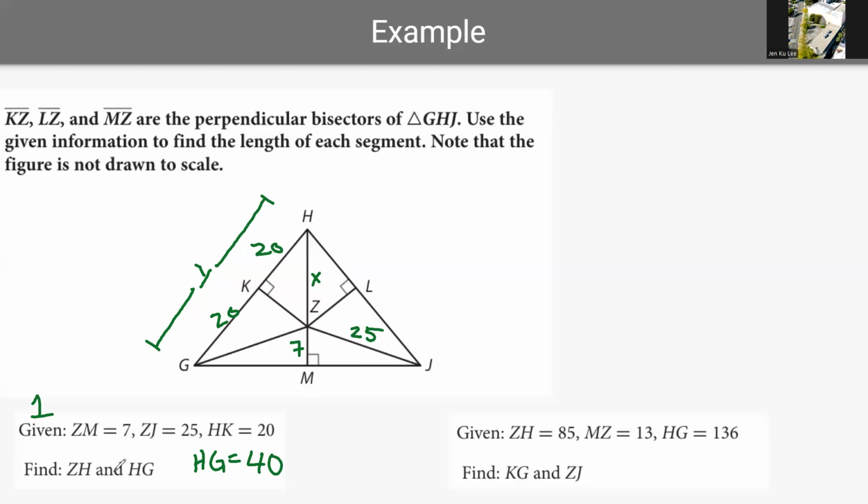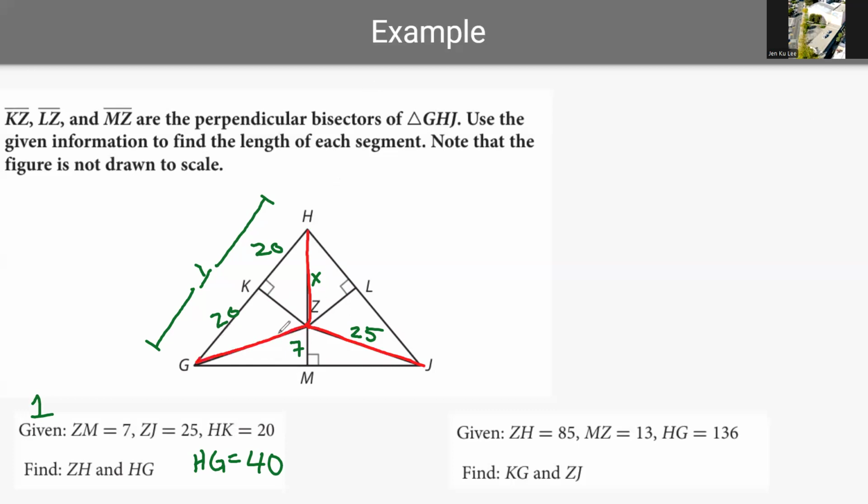And then ZH, my X. So if we have the perpendicular bisectors, they all meet here, right, at point Z. Then I know that this guy is congruent to this guy and is congruent to this guy.